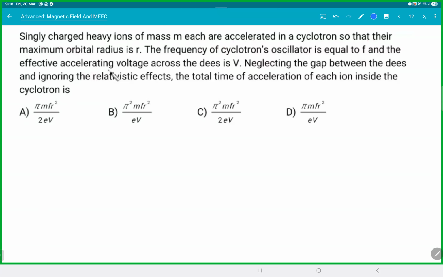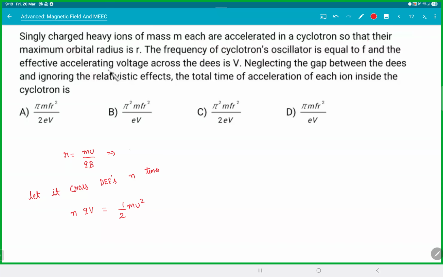So how do we do this? Let's first get the data. The radius r is given. So r is equal to m into u by qB, so I know the speed. The second one, let's say it crosses the D's 10 times. So n into charge into voltage is equal to half m u square.